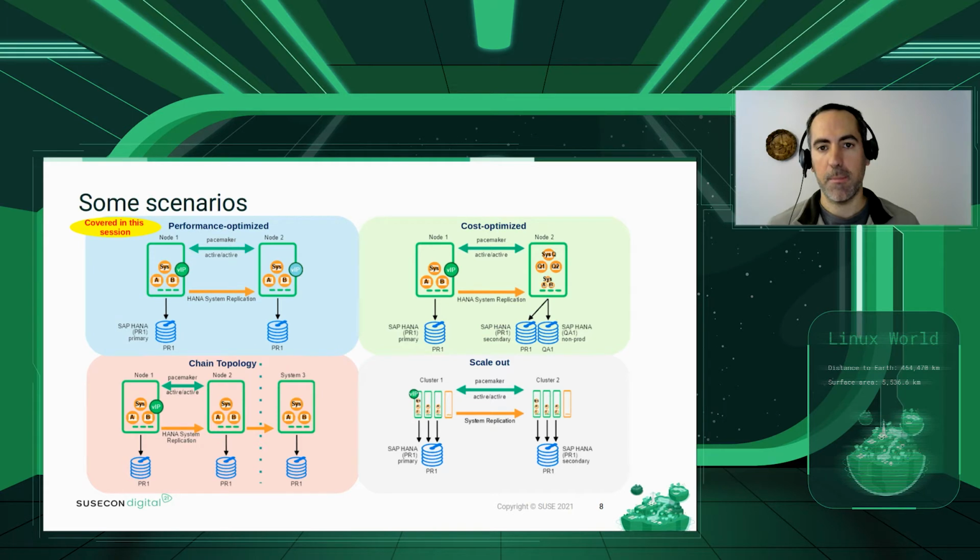In this session, we will cover the performance optimized scenario. It's one of the most common scenarios, but I wanted to make you aware that it's difficult to understand all of these different options, and our aim is to make this even easier.